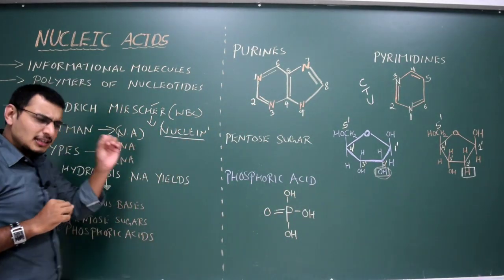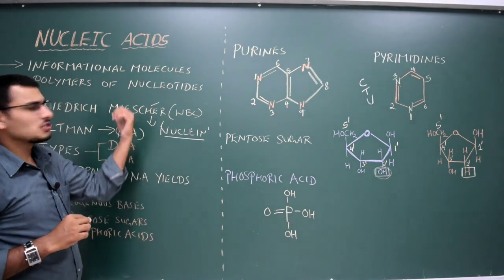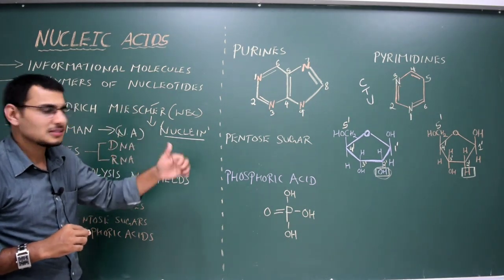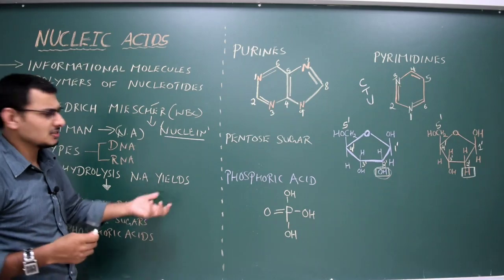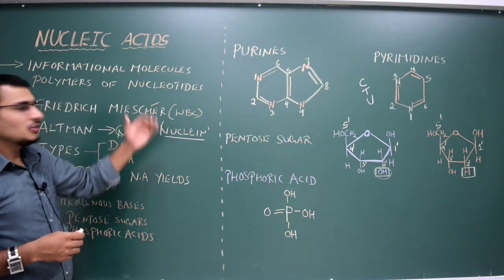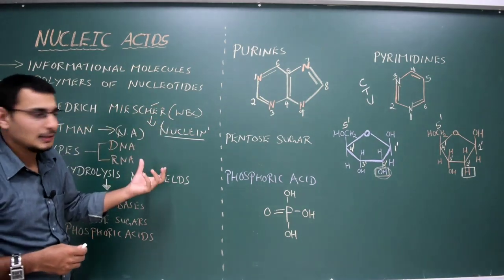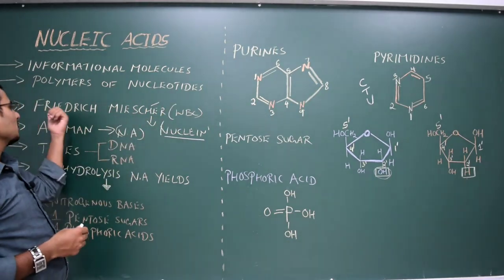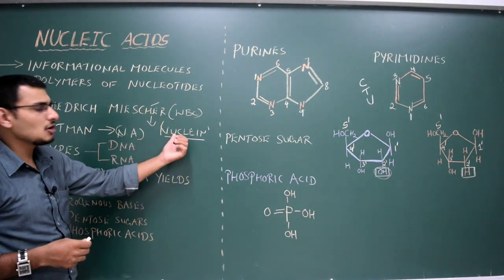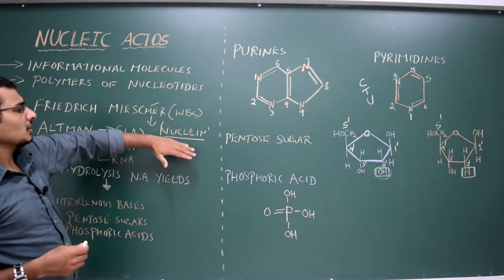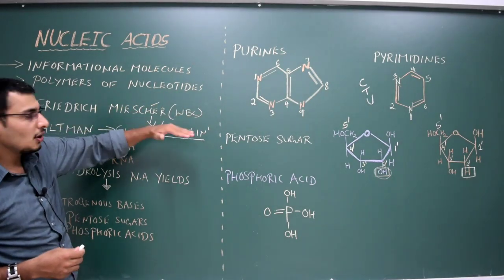But the nuclein he discovered was nothing but DNA present in the WBC, white blood cells. He did not know that it was a nucleic acid, that it was DNA. He simply called it nuclein. So please remember, Frederick Miescher discovered this nucleic acid and called it nuclein.